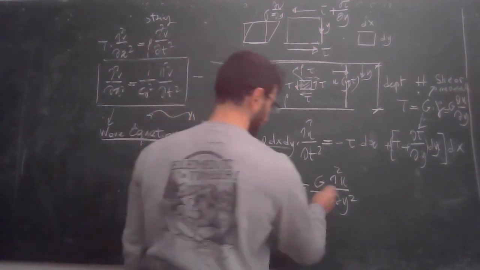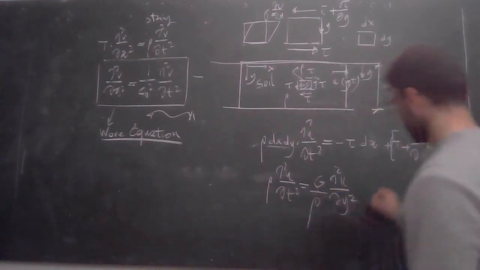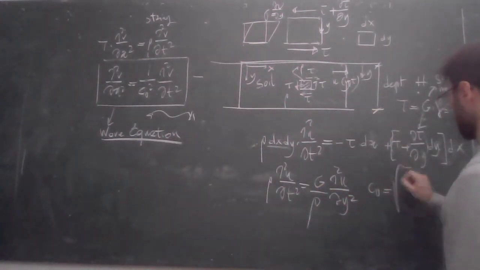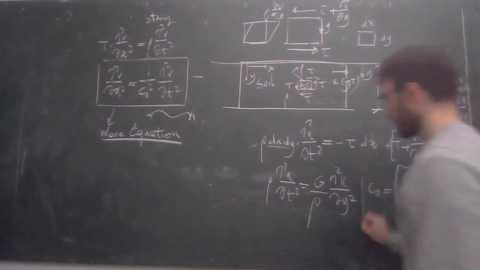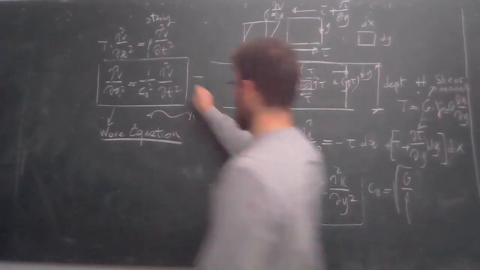If we divide by rho and we call C0 the square root of G over rho, we will have the wave equation, which is the same as this one.